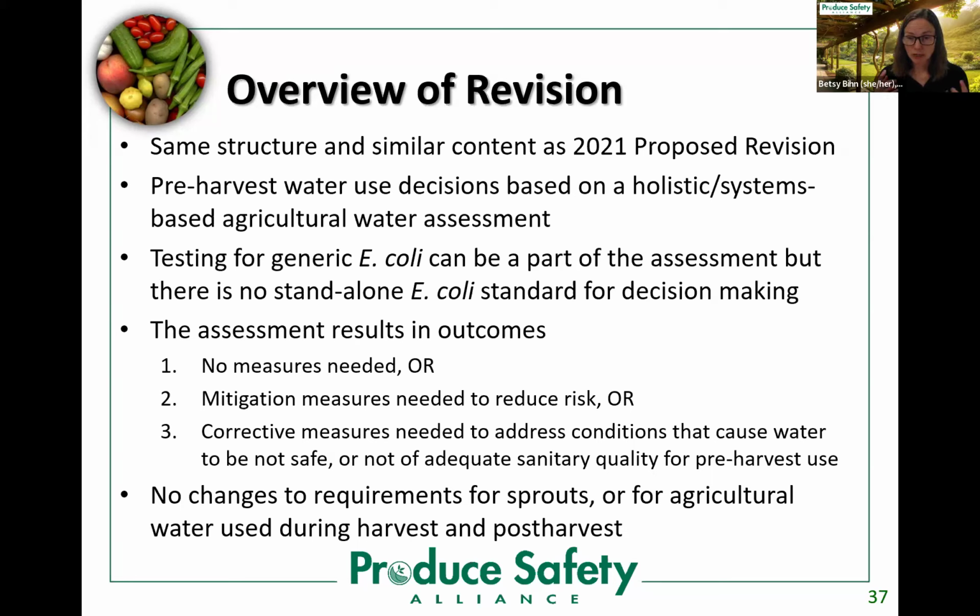Those words should ring in everybody's ears as a qualitative standard: must be safe and of adequate sanitary quality for its intended use. Again, no changes for requirements for sprouts or ag water used at or after harvest. Okay, next slide.